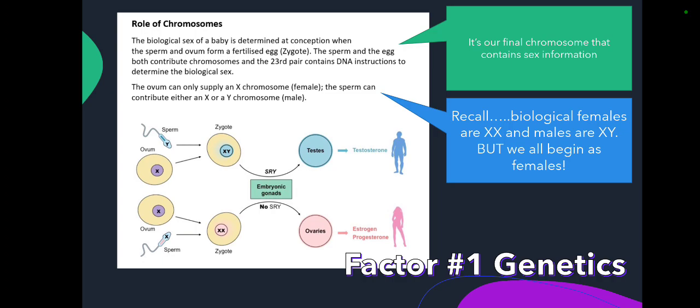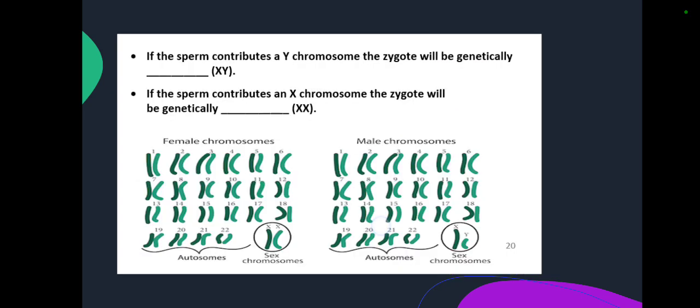Just to refresh, it's the last pair of chromosomes that contain our DNA instructions, and an ovum can only supply an X chromosome, so that's what we always get from our mother, but whether you get an X or a Y from your father will determine ultimately whether you go on to become male or female.